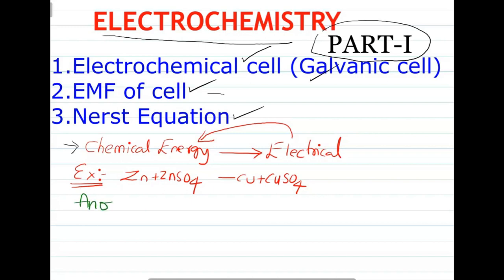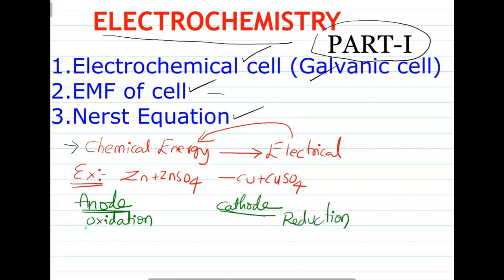One is called the anode, another is called the cathode. Always keep in mind: at the anode, oxidation always occurs, and at the cathode, reduction always occurs.